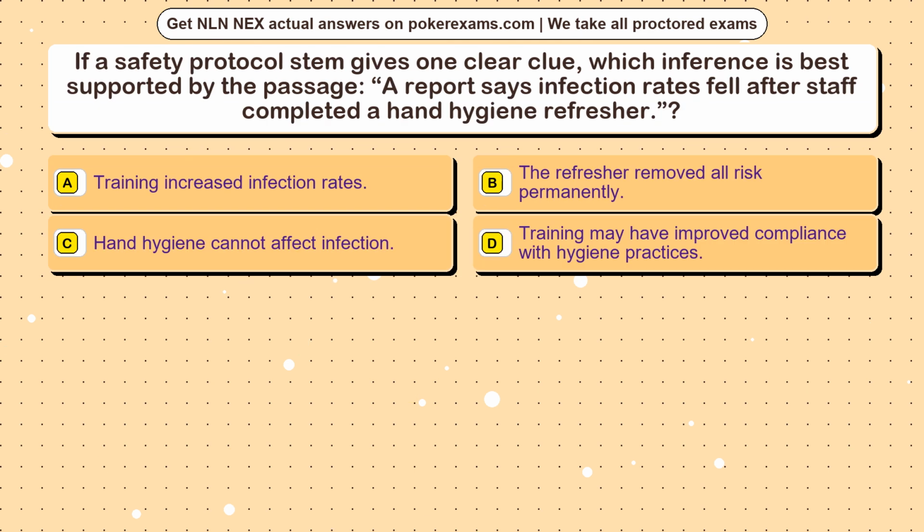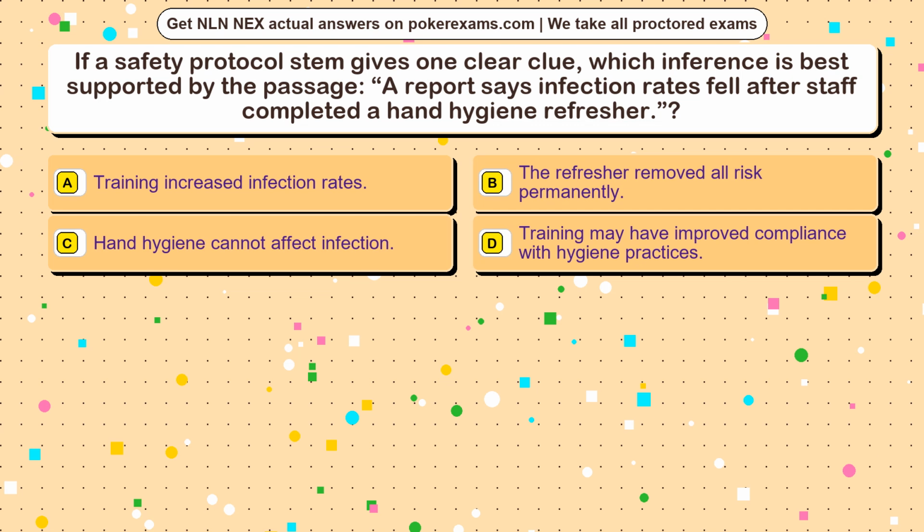Question 4. If a safety protocol stem gives one clear clue, which inference is best supported by the passage? A report says infection rates fell after staff completed a hand hygiene refresher. Option A, training increased infection rates. Option B, the refresher removed all risk permanently. Option C, hand hygiene cannot affect infection. Option D, training may have improved compliance with hygiene practices.